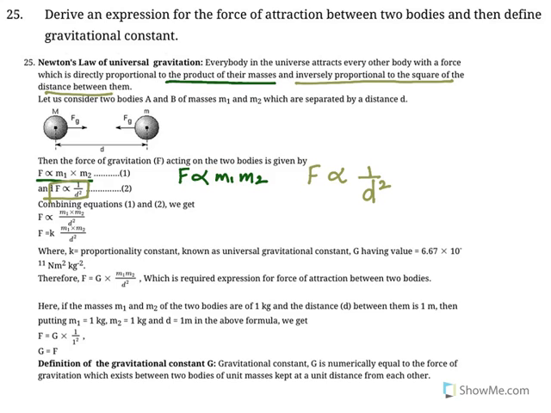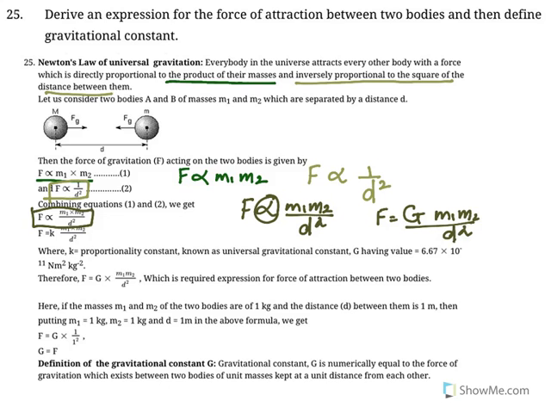When you put both of these together, you get F proportional to m1 m2 over d square. The proportional sign changes to an equals sign with a constant, and in this case the constant is G. So F equals G m1 m2 over d square, where k is a constant which is then written as G.